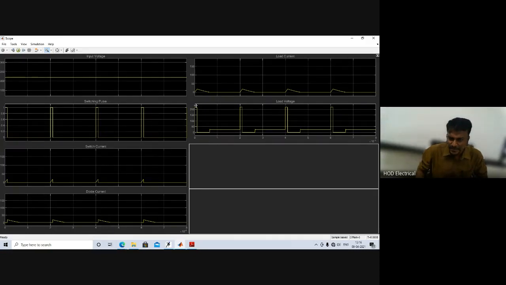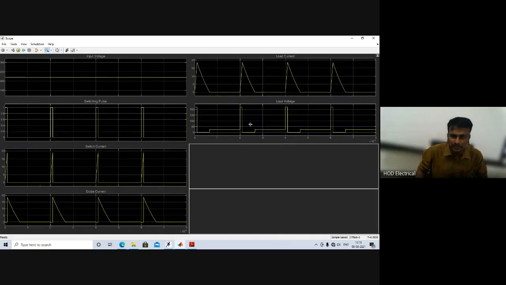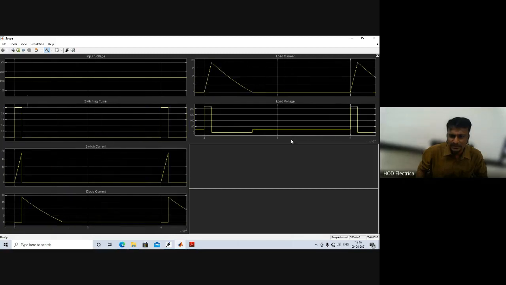This is where the discontinuity takes place. If you see here, let me take this waveform. Here the discontinuity takes place during the on time, so around 220 volts has come. Then again the voltage will be 0, since the back EMF will not have much impact.